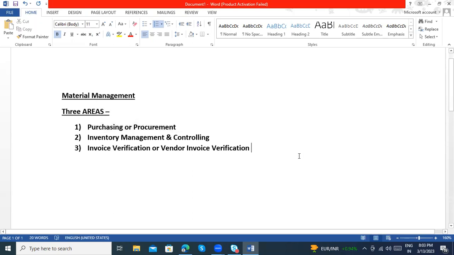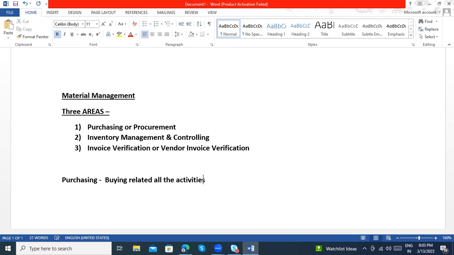If you compare procurement and purchasing, the major aspects are all buying related. Whatever is required for buying, all the activities will be performed by this purchasing team, this procurement team.